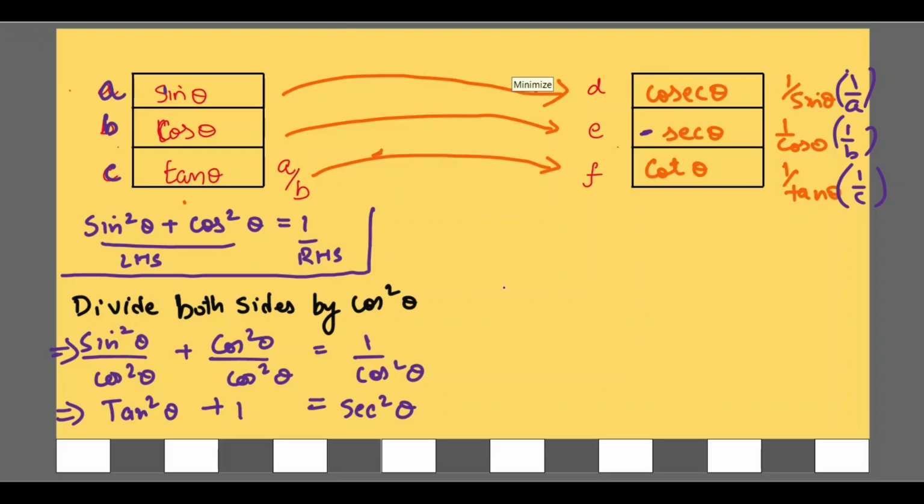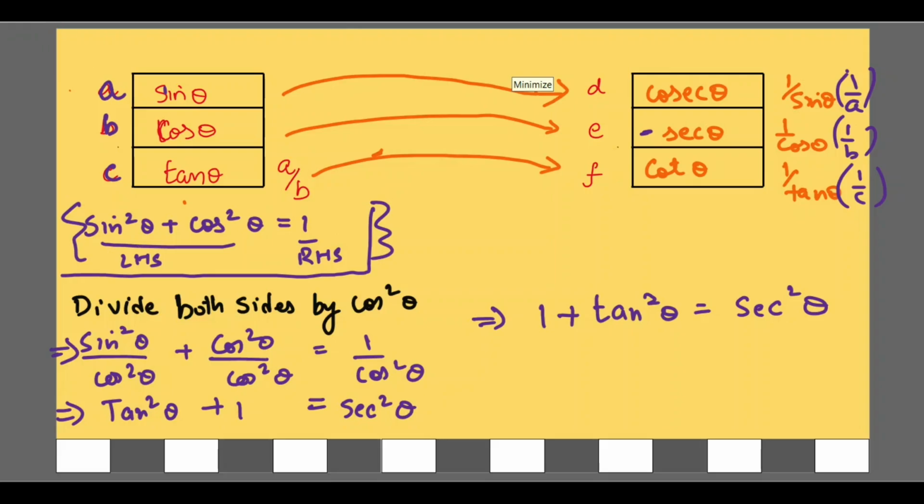So you see what we arrived at is 1 plus tan square theta is equal to secant square theta. All this from this equation. Can you see? Let's box it.